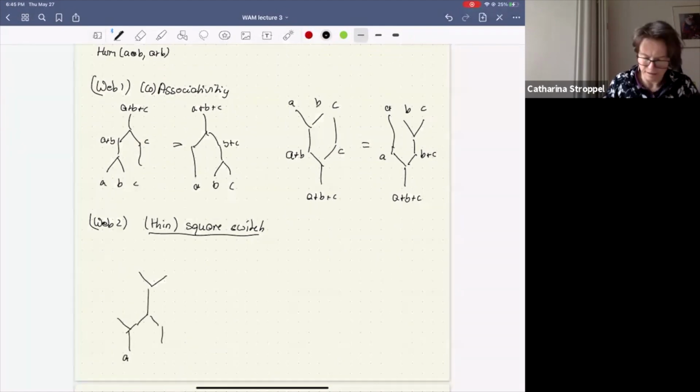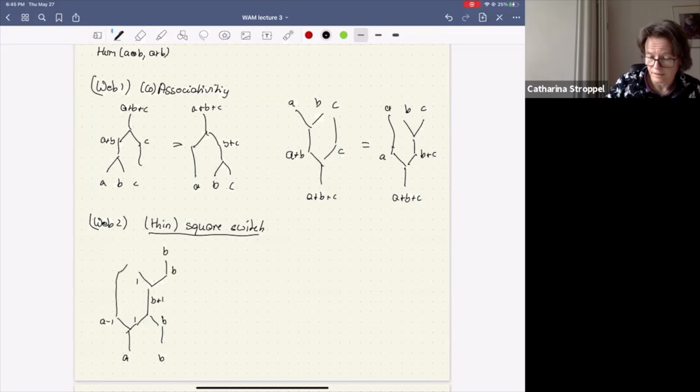So I start from A and B. Then I split on the left to A minus 1 and 1. Then I have here 1 and a B. So I merge it to a B plus 1. And then I split it again to a 1 and a B. So I'm ending up with a B upstairs. And then this guy comes here as an A minus 1. And I put them together and end up with an A.